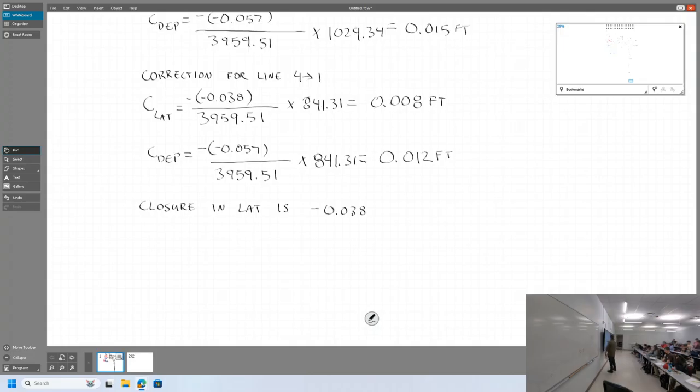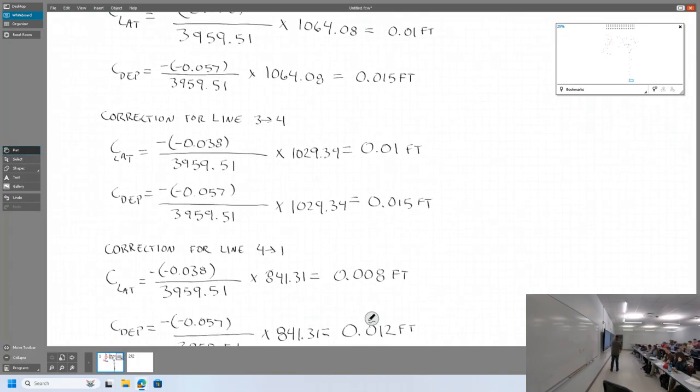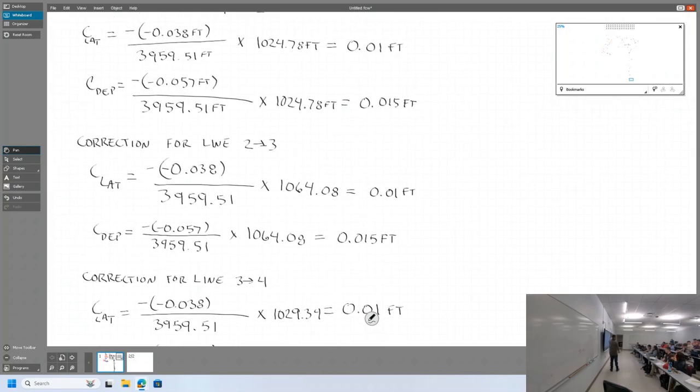What's the summation of our latitude corrections if we take them right here? We add up those four numbers in the latitude column: 8,000, 100, 100, 100. What are we going to get? 0.038, positive, right? Yeah.